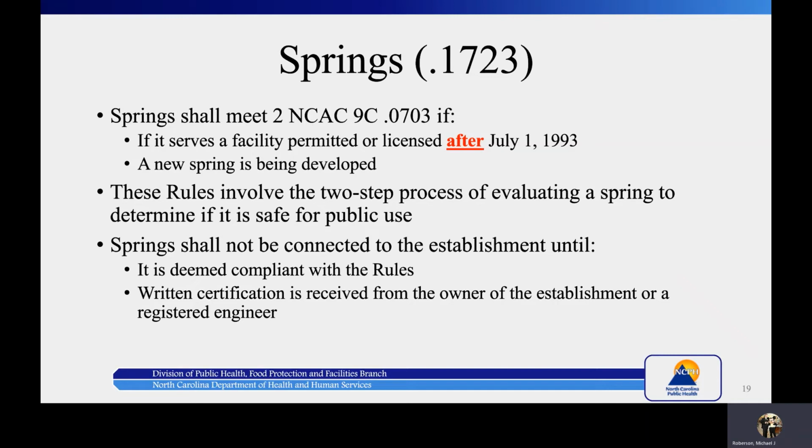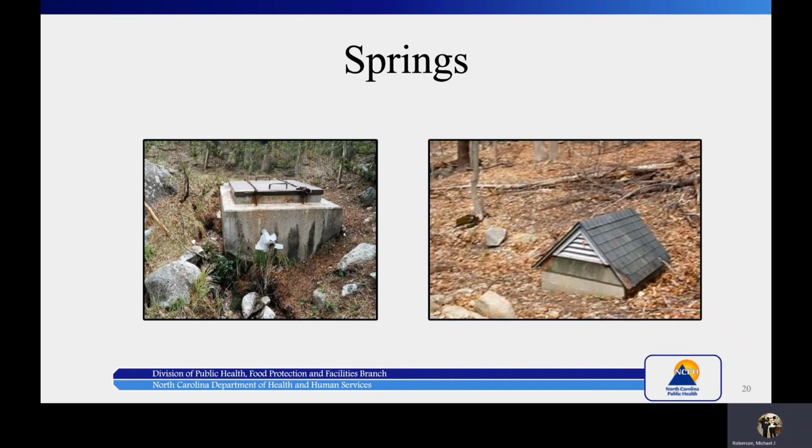It is a very lengthy process to get these permitted and licensed, but there is a way to do it. And if they can meet these rules, then it is possible. So if someone approaches you and wants to use a spring, you're able to give them this information that's listed in 1723.